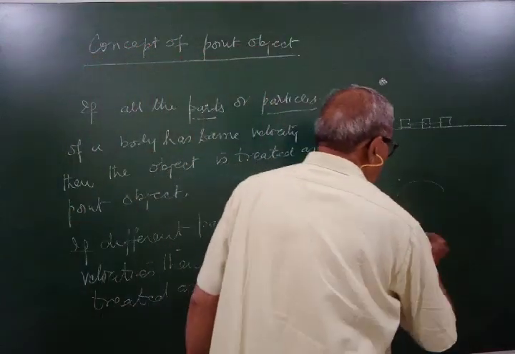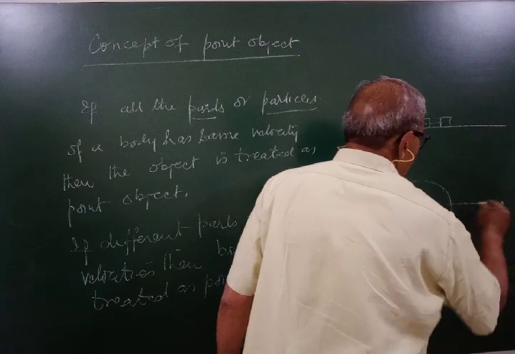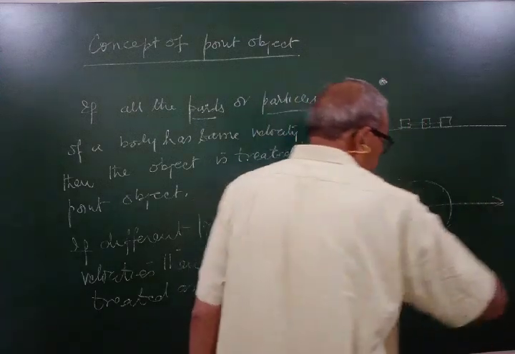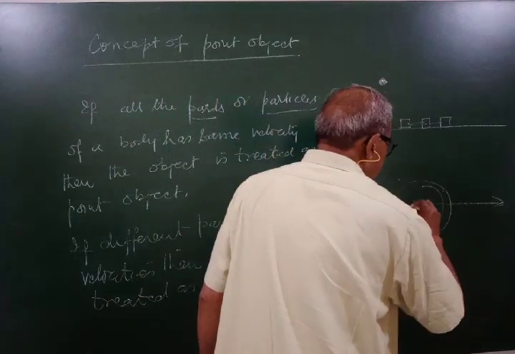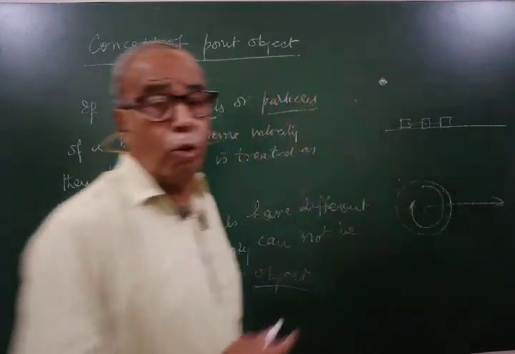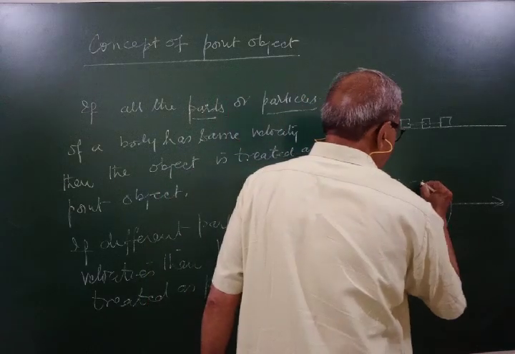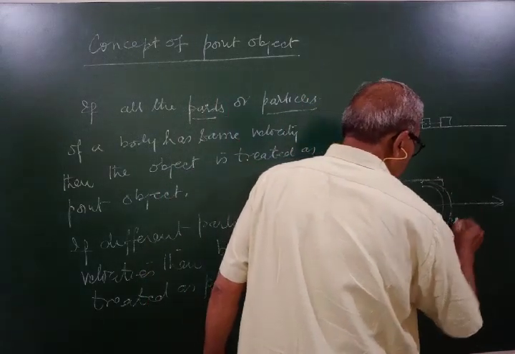If here is a ball, it is going this way. If this is moving only straight, it is a point object. But if it is spinning, going like this, a spinning ball, then this part has this velocity, this part has this velocity.